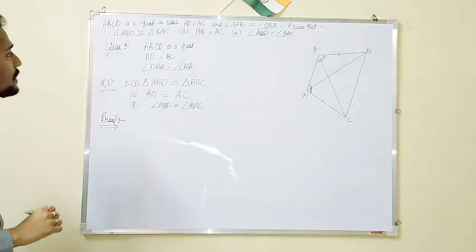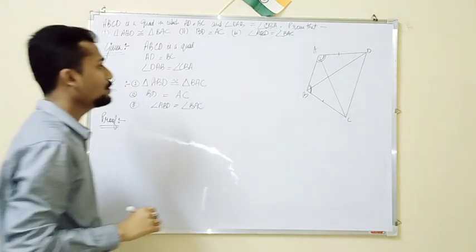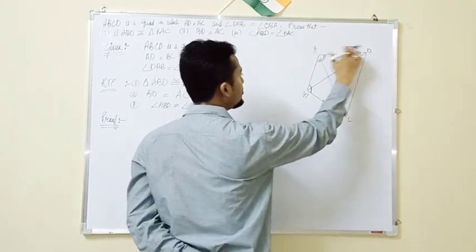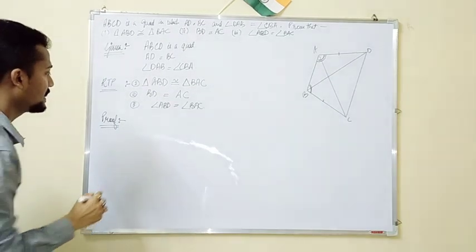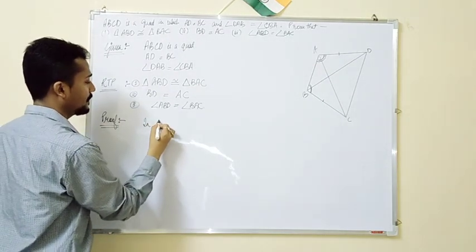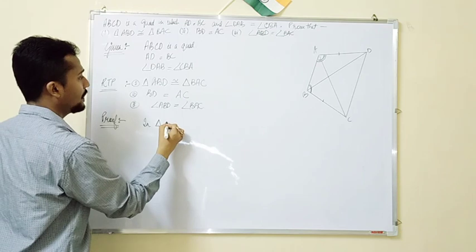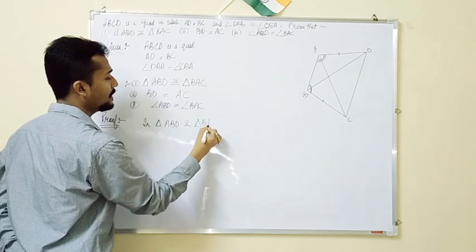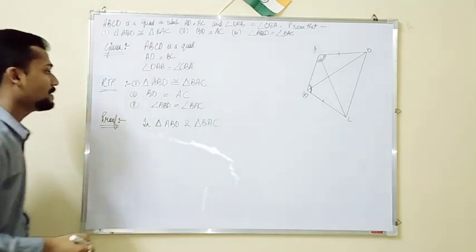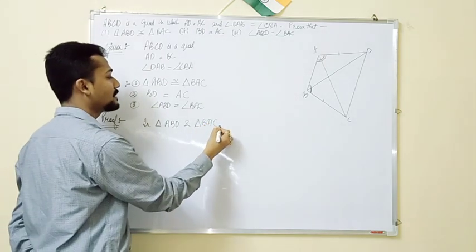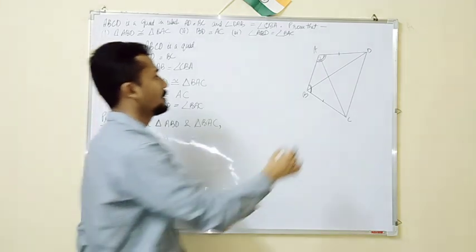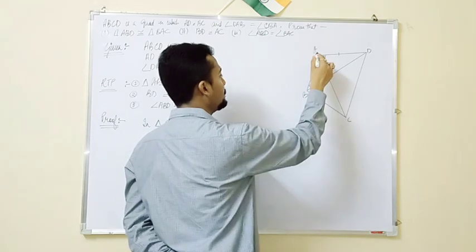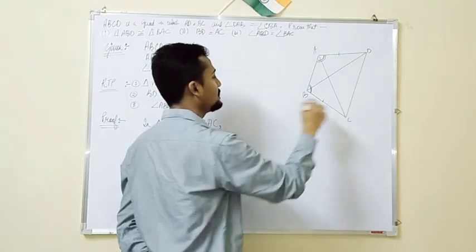Proof. So we'll start with the proof. First, we will take these two triangles. In triangle ABD and triangle BAC, look carefully.